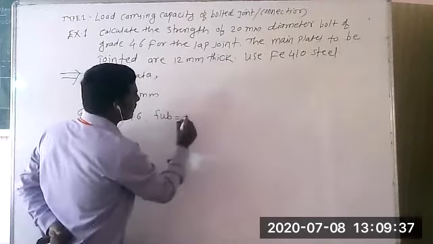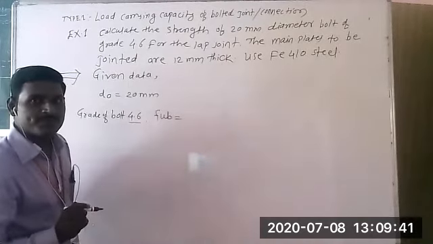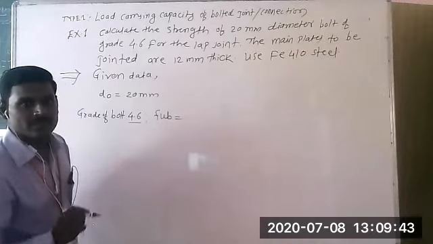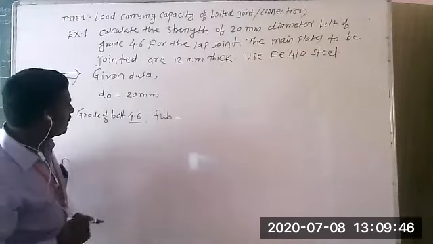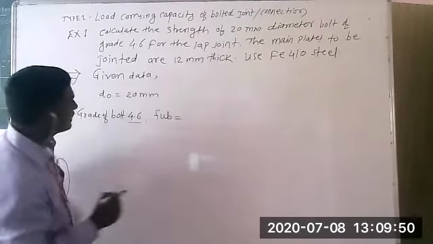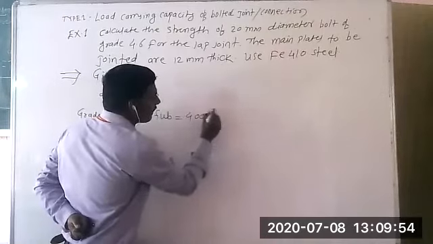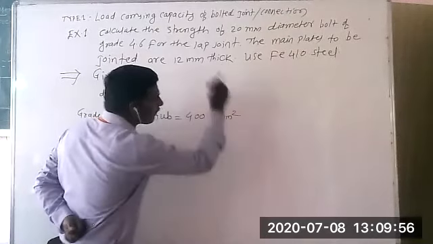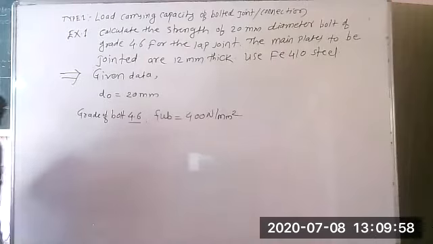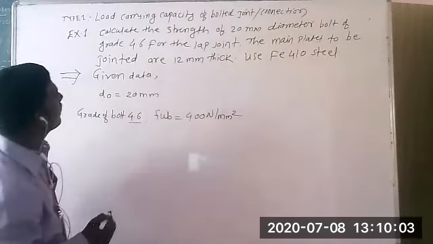For 4.6 grade bolt, what is FUB? I have given in unit number 1 a table for the 4.6 grade, 4.8 grade. So FUB for 4.6 grade bolt is 400 Newton per mm square.